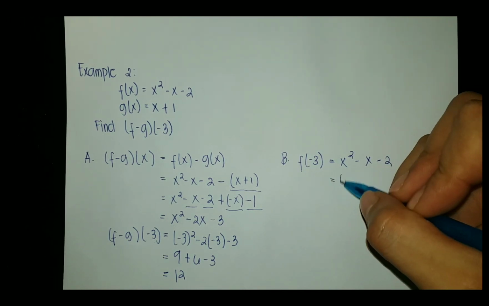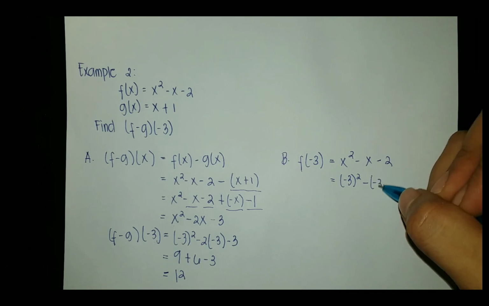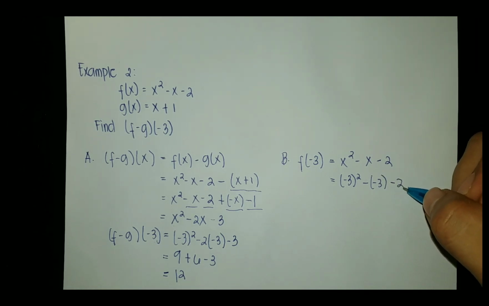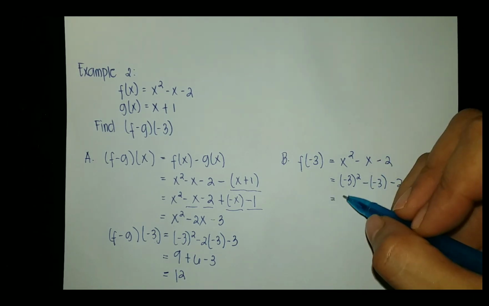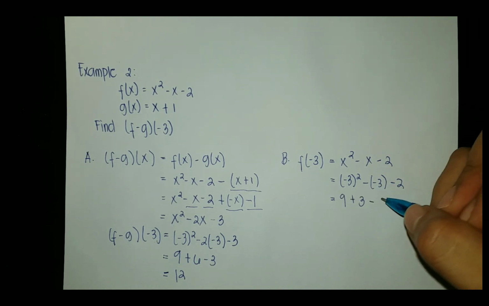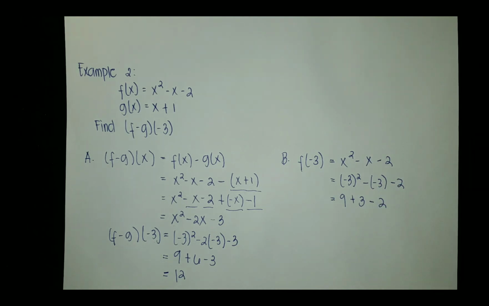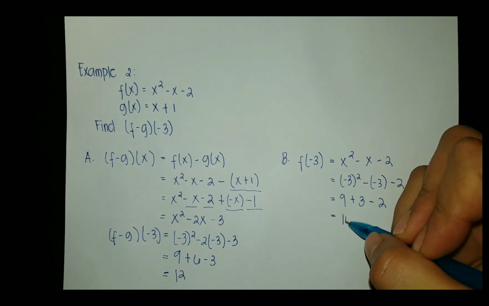So that is now negative 3 squared minus negative 3 minus 2. Negative 3 squared is 9. The negative times negative 3 is positive 3, minus 2. Then 9 plus 3 minus 2 is equal to 10.